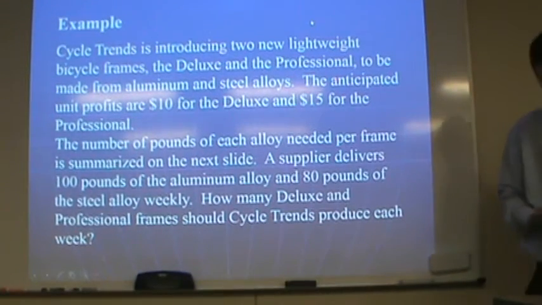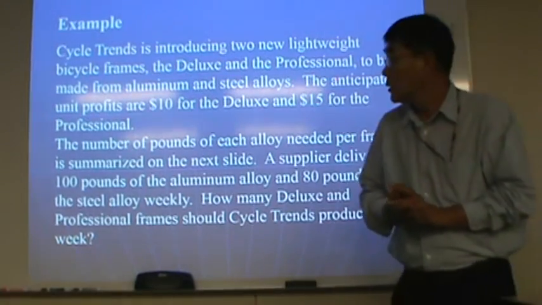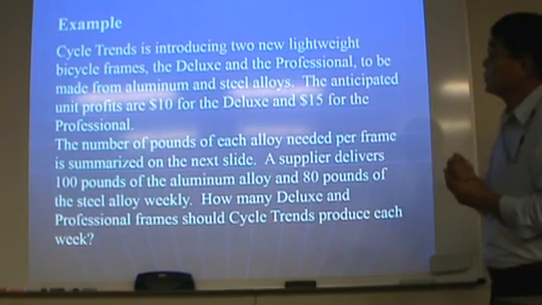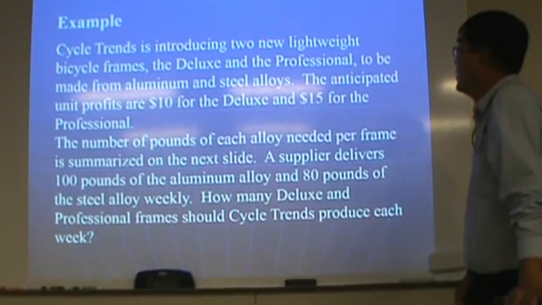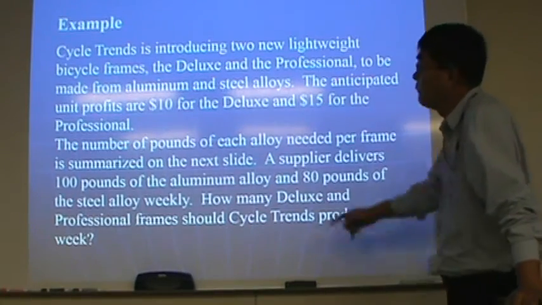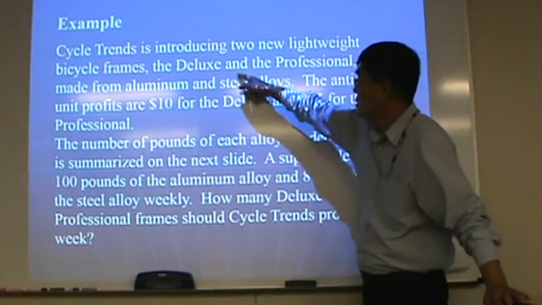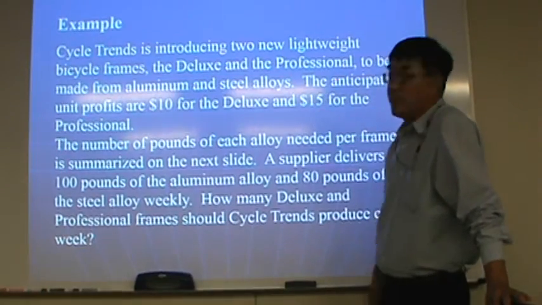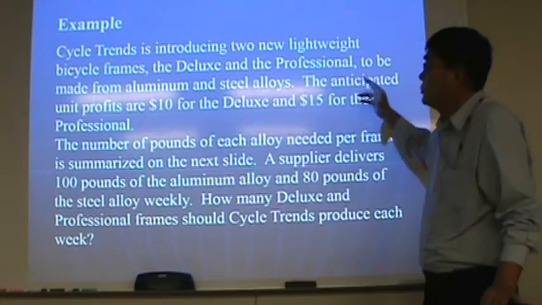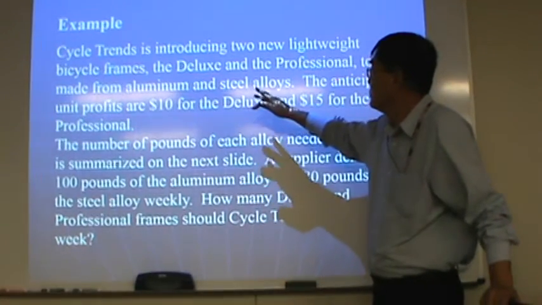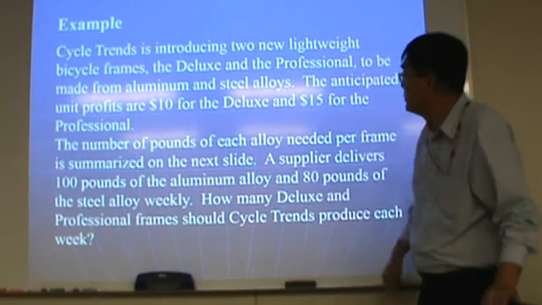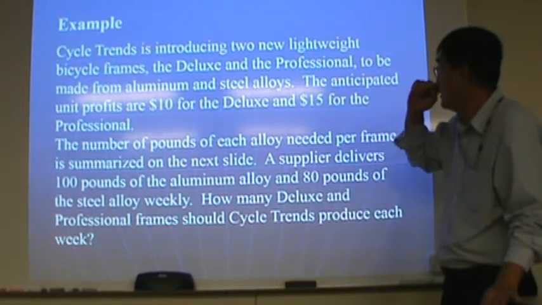Example. A certain company, Cycle Trends, produces two bicycle frames. One is deluxe and the other one is professional. To be made, you need aluminum and steel resources.